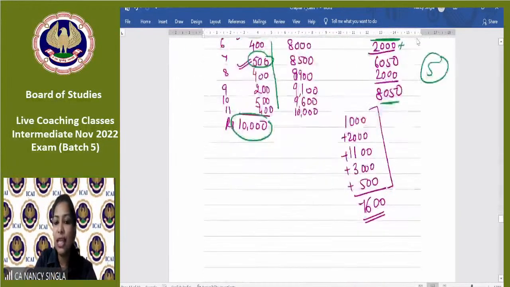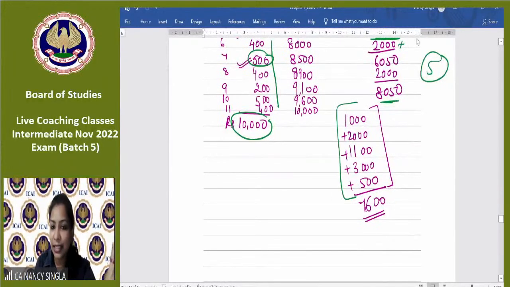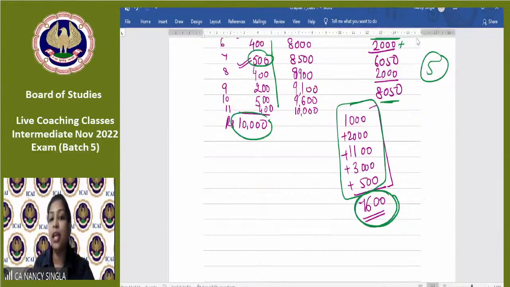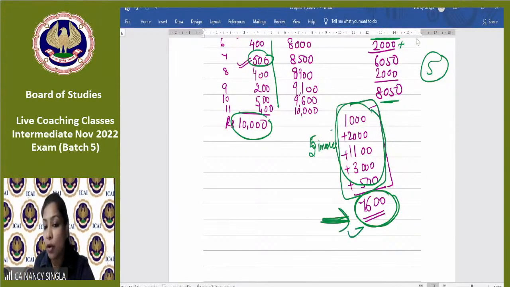Now if you have a look, when the auditor has selected the 5 samples, the value is 7,600. So just by checking 5 invoices having the value of 7,600, whatever conclusion he draws about this sample, he will project it on the entire population of 10,000. Is it clear?